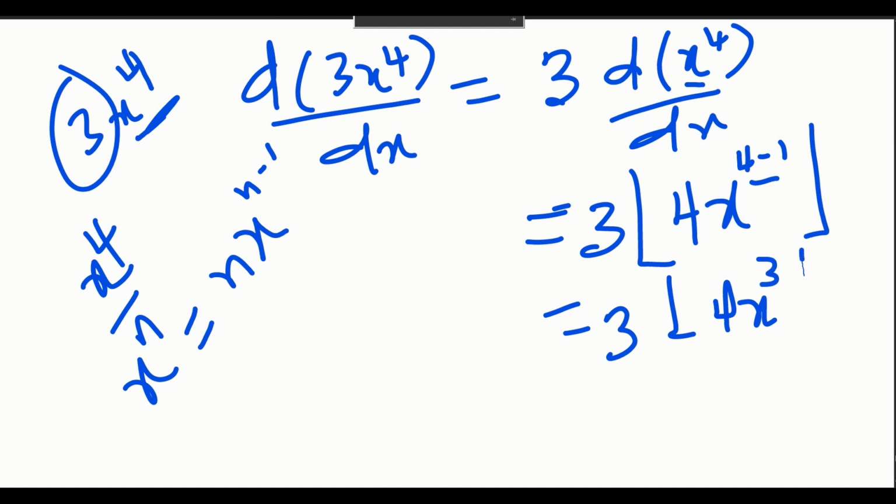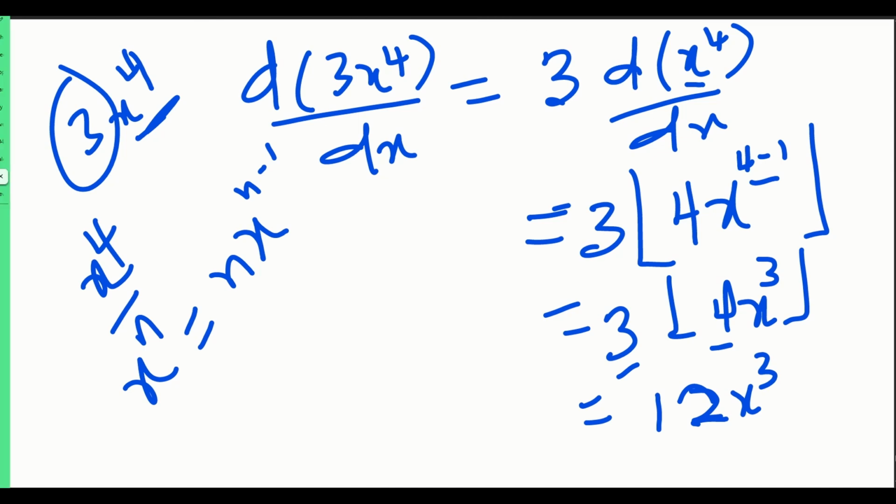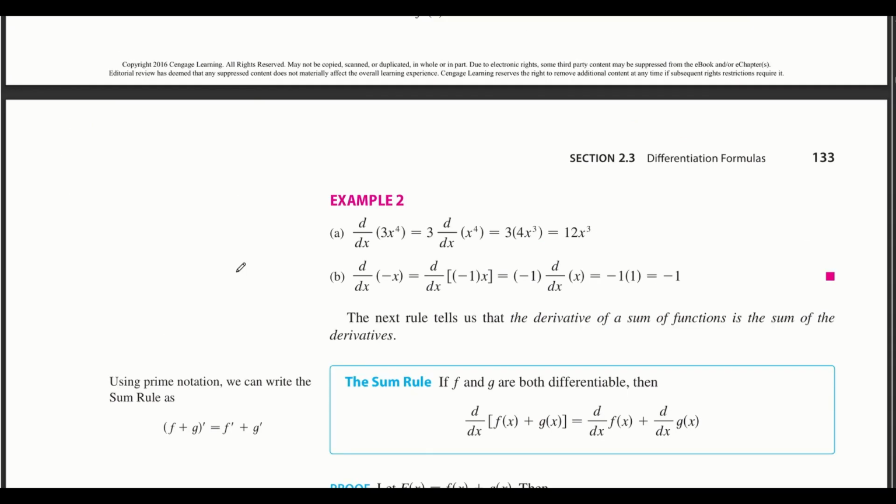What is x raised to the power 4 minus 1? 4x cubed. Now 3 times 4 is a constant product, so I get 12. So the answer will be 12x raised to the power 3, right? As simple as that. The procedure wasn't so complicated. And that is 12x cubed.